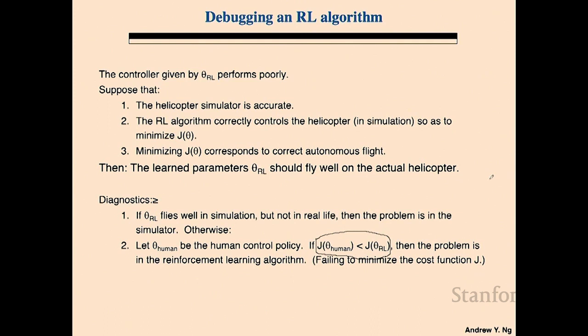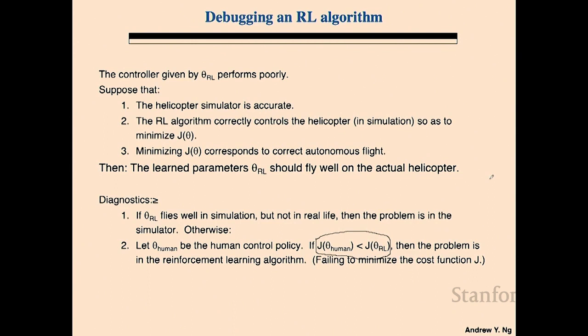J of theta was a squared error, right? So see if the human achieves better squared error than the reinforcement learning algorithm. The human flies better, so let's measure the human performance on this squared error cost function and see which one does better.